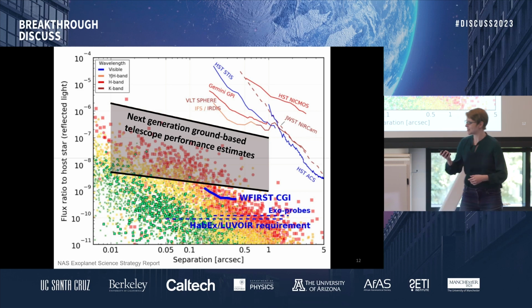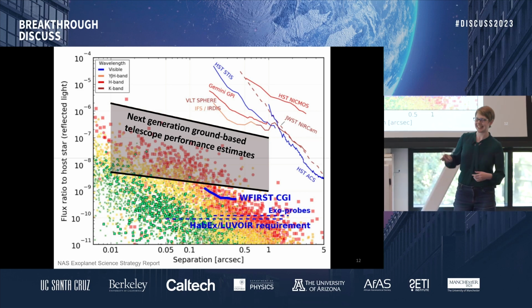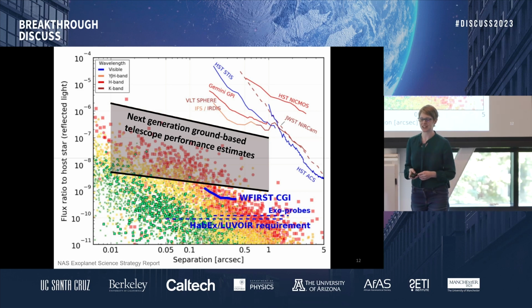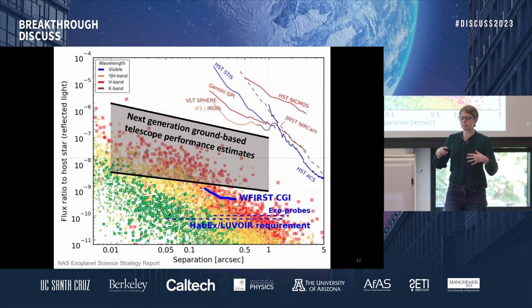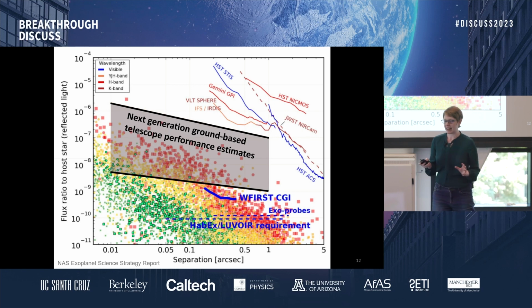Okay, so why have I shown these two very separate lines to indicate the performance of these next-generation ground-based telescopes? The upper line indicates the kind of performance we would get, in terms of how faint a planet compared to the star you could detect versus separation, if we were to take modern high-contrast imaging systems, like, say, the Gemini Planet Imager, and just stick them on a larger telescope.